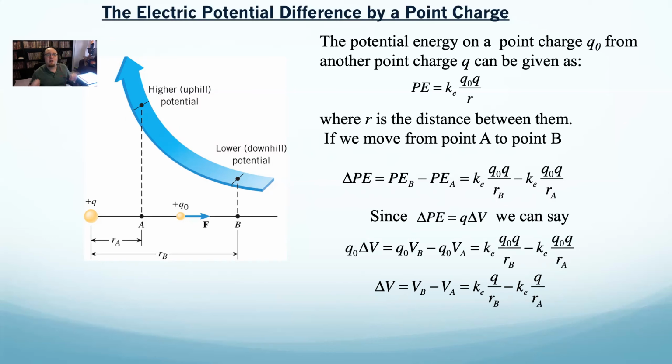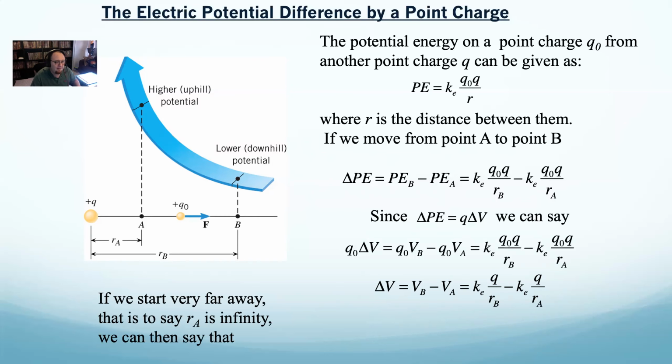However, if you make one of those two spots infinitely far away, if we take this charge from infinitely far away and bring it in, from off the screen way over here that you can't see, we can say that r_A came from infinity. And if r_A is infinite, something divided by infinity goes to 0. Then instead of delta V, we can just say V, the voltage at a set spot.